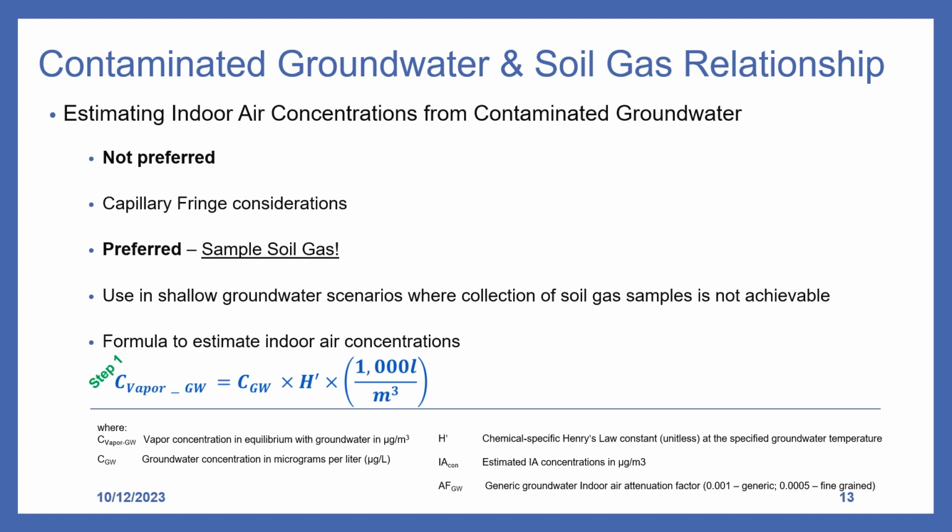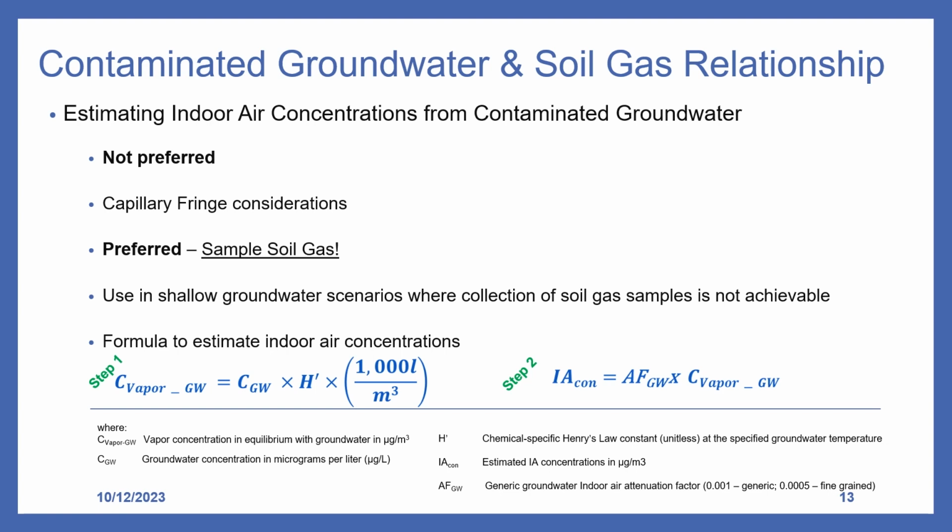The first step is to take your groundwater concentration and convert that into a vapor concentration by multiplying the groundwater concentration by the chemical-specific Henry's law constant. Then that value needs to be multiplied by 1,000 liters per cubic meter. Then you take that value and multiply it by a generic groundwater to indoor air attenuation factor, which accounts for the capillary fringe effects.